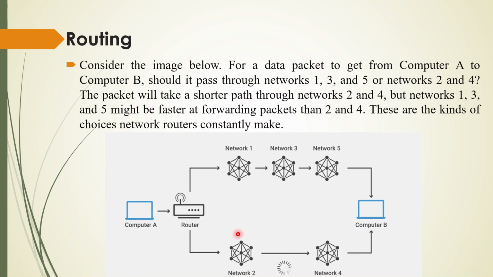We have to select the path along which data can be sent successfully, the optimal path. It is not necessarily true that the path with fewer networks is faster or best. It may happen that networks 1, 3 and 5 are faster for forwarding the packets than networks 2 and 4. So the router will decide.